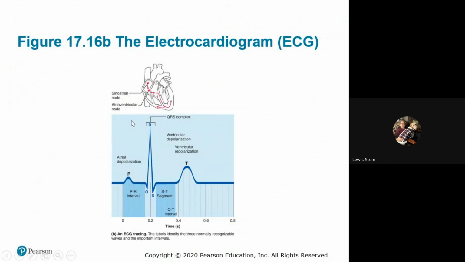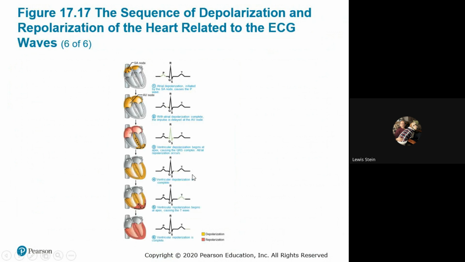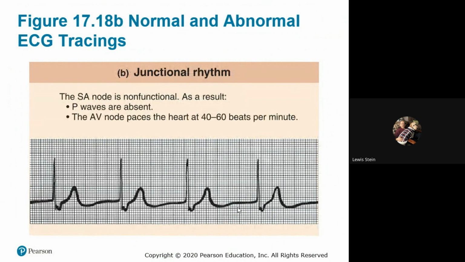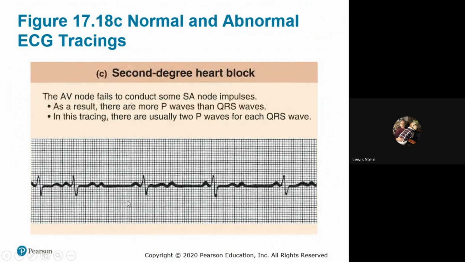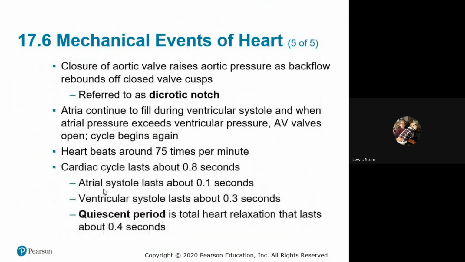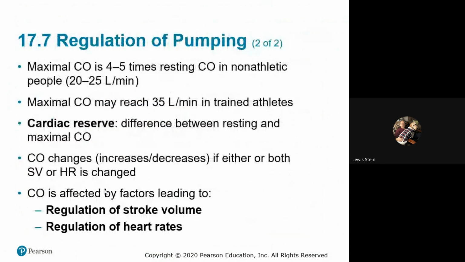P wave, QRS, T wave, and then a couple of the rhythms, the normal, remember P wave, QRS, T wave, junctional, no P waves, just QRS. You can see the length, but it's not as rapid a beat, irregularities in the T wave, the heart block, and VFib. Yeah. All right. I don't think there's anything else there.